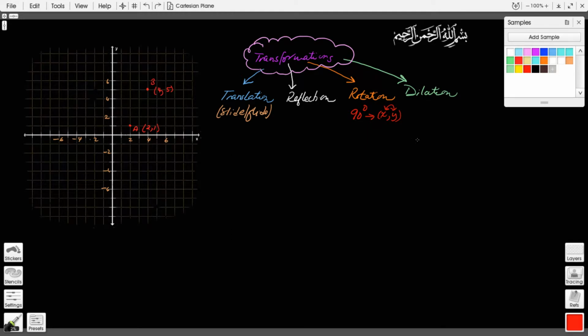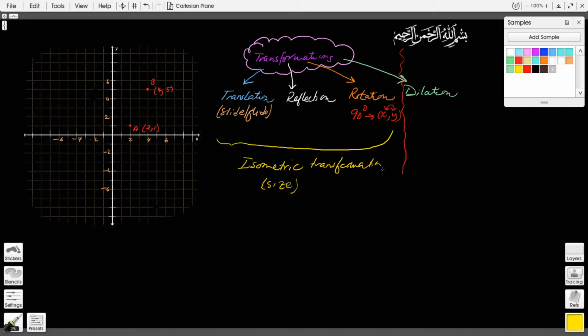Now, I just wanted to bring to your attention that of all of these, dilation stands out, okay? It's like in a category by itself. The reason is that dilation is very different from these three, in the sense that these are called isometric transformations, okay? What that means is they do not change the size of the object.